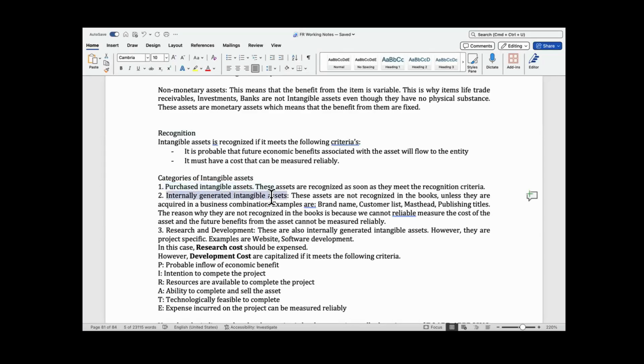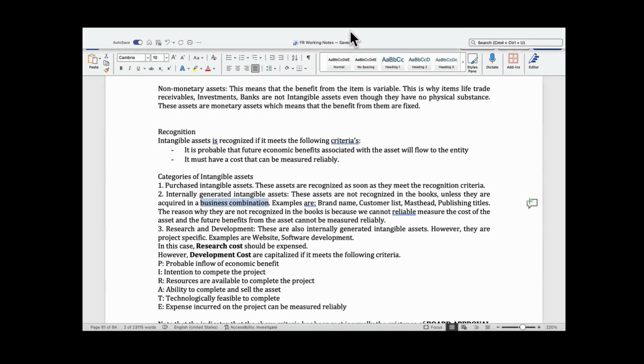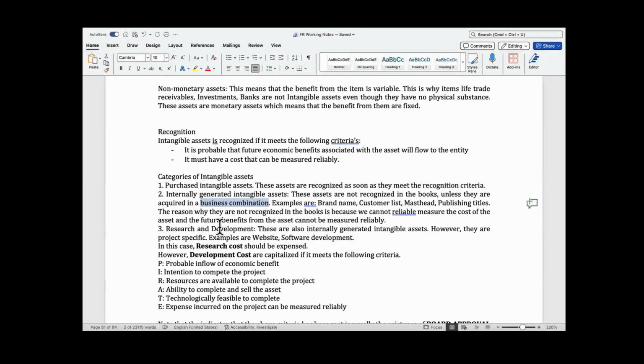Internally generated intangible assets, very straightforward. They are not recognized in the books unless they are acquired in a business combination. And I told you why we cannot recognize them: we cannot measure them reliably, and also the future benefit from the asset cannot be measured reliably.